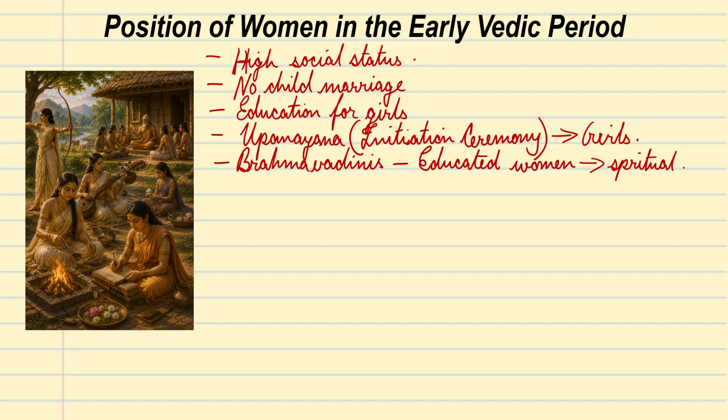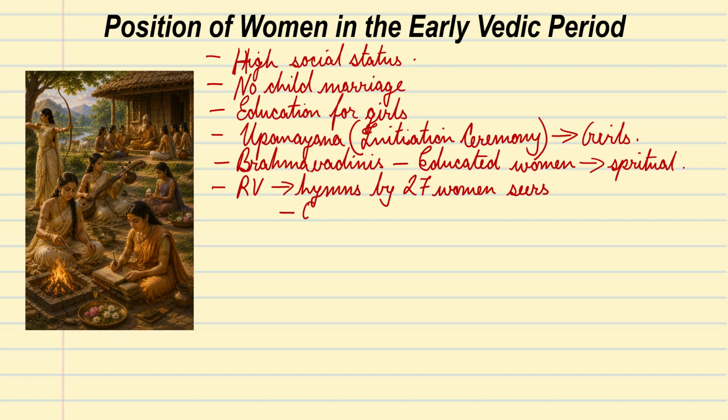The Rig Veda contains hymns composed by 27 women seers. Who were the 27 women seers? We cannot name all of them, but we will name some of them.